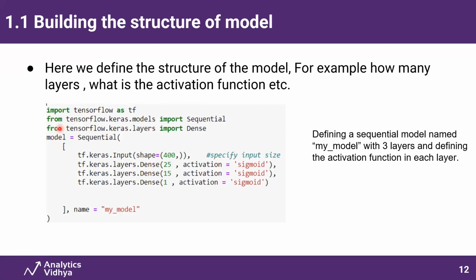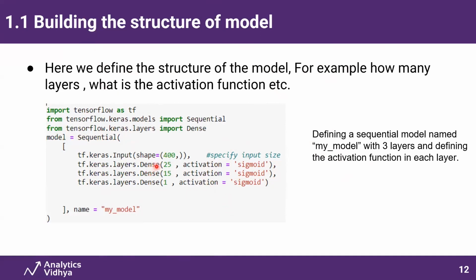We saw in the code below that this is basically the structure of a neural network. I told TensorFlow to please create a sequential model. Sequential means it will go in a straight line, do forward propagation, come back, do backward propagation. Create a sequential model. It should have 3 layers.